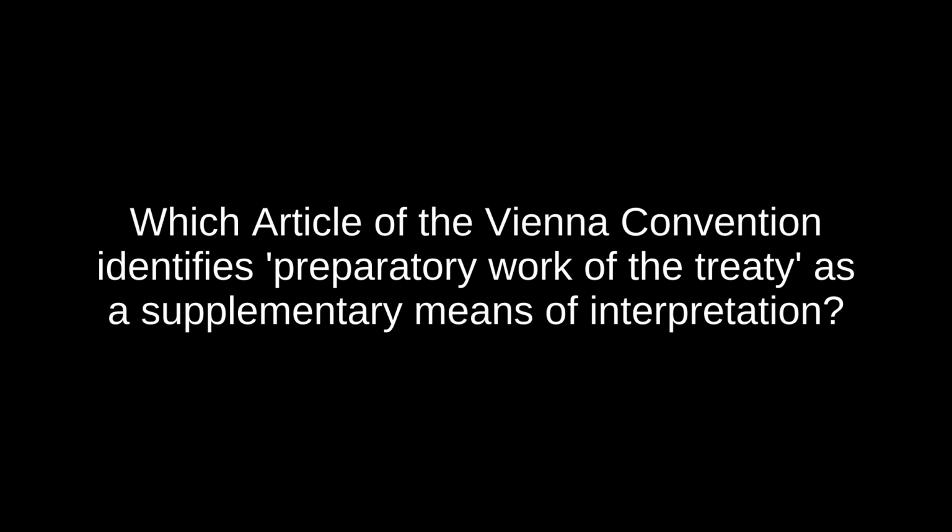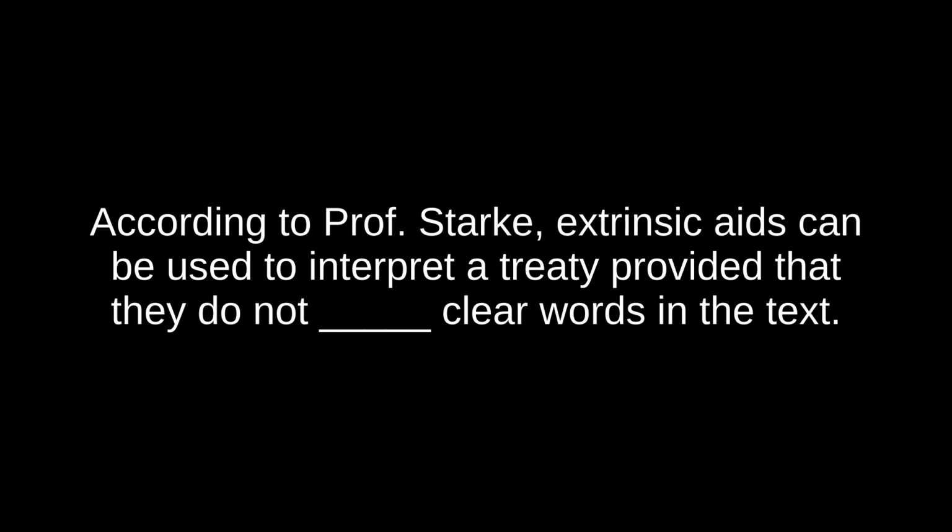Which article of the Vienna Convention identifies preparatory work of the treaty as a supplementary means of interpretation? Article 32. According to Prof. Stark, extrinsic aids can be used to interpret a treaty provided that they do not contradict clear words in the text.